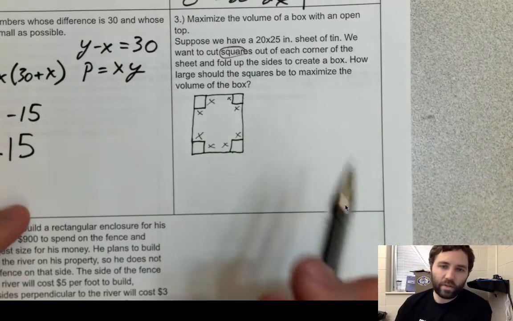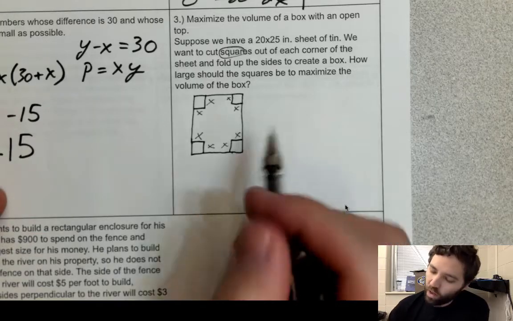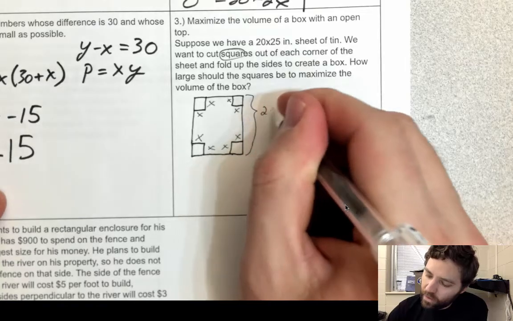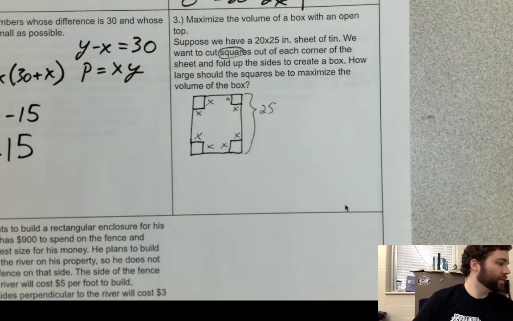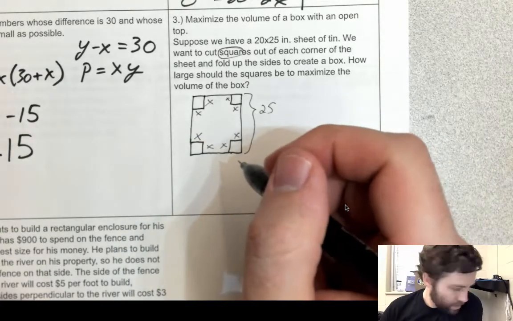All right, the dimensions of the box then are x by x, and one side, the long side, is 25, and then the short side is 20.